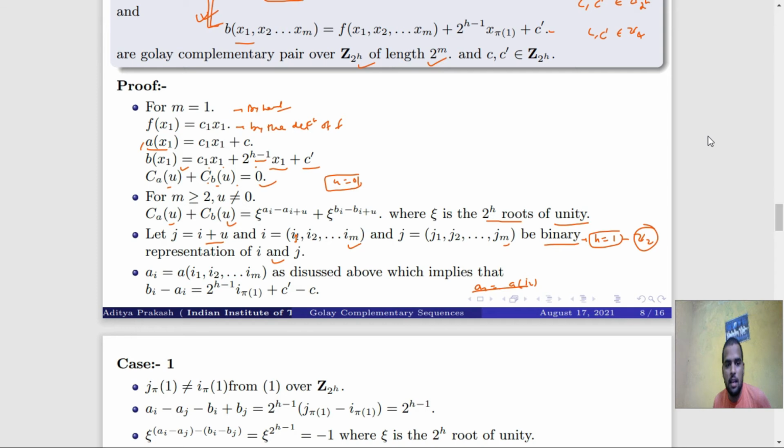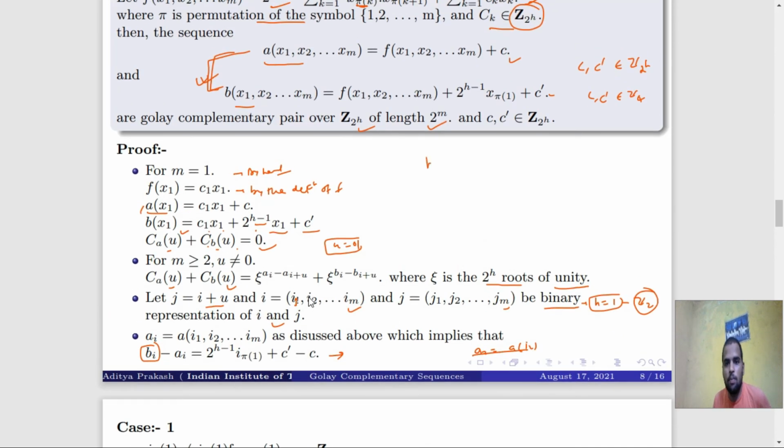Okay, and b_i minus a_i is nothing but 2 to the power h minus 1 times i to the power pi 1 plus c dash minus c. How does it come? Simply see, b_i is f_i plus 2 to the power h minus 1 times pi 1 plus c dash, where x is replaced by i, and a_i is f_i plus c.